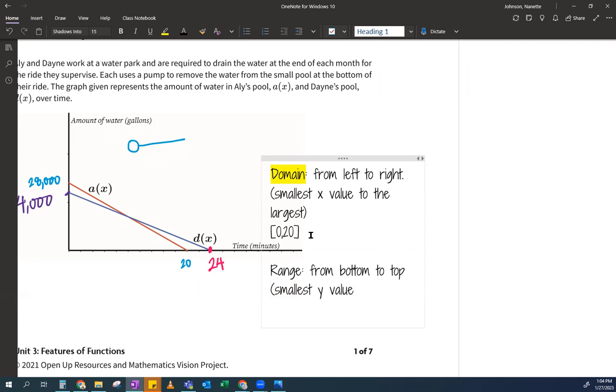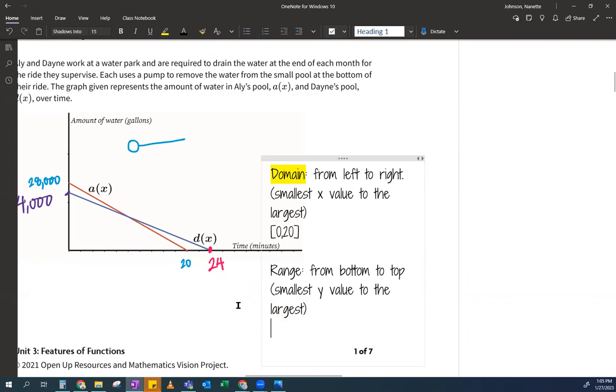Yeah, smallest y value to the largest. Doesn't that make sense though? These two things are saying the same thing. Bottom would be the smallest y. Top would be the largest y. So you're looking from the bottom. What's the lowest y you can get?